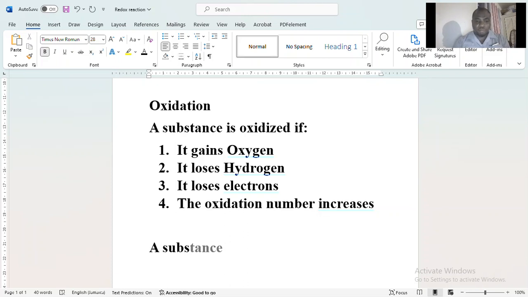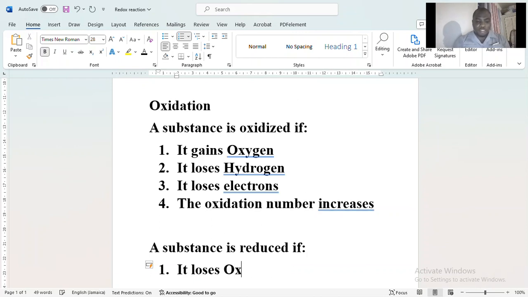A substance is reduced if, so what is it that we use? And again, we go back to the four concepts, the four main ideas. One, it loses oxygen.